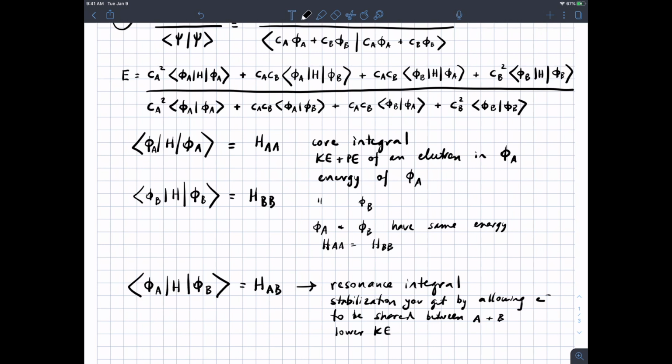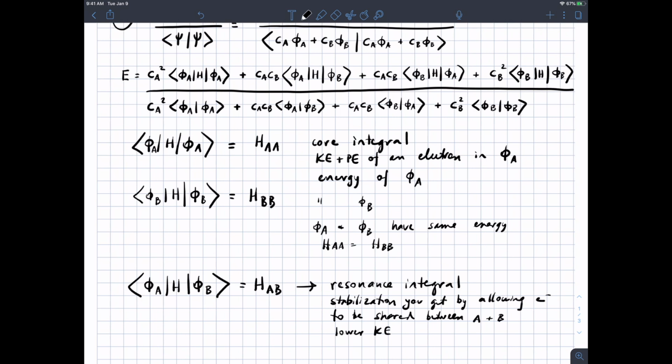We saw that in the Hamiltonian, but there's also electron-electron repulsion that you've got to deal with, and that can, in many cases, cancel out a lot of the benefit in potential energy. So the biggest effect for bonding is the lower kinetic energy that comes when you allow an electron to be spread out over more atoms.